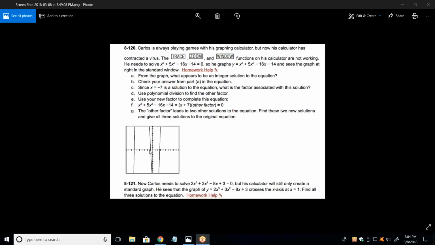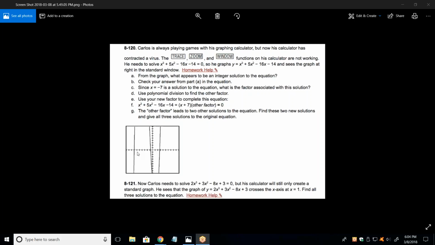And the other 2 are probably going to be irrational numbers. In other words, that falls in between 0 and -1, and that falls in between 2 and 3. Well, I thought that was -7 because it looks like it would be -7 if every grid mark was 10.